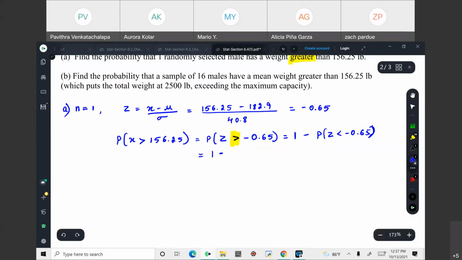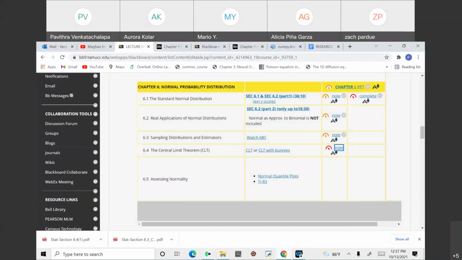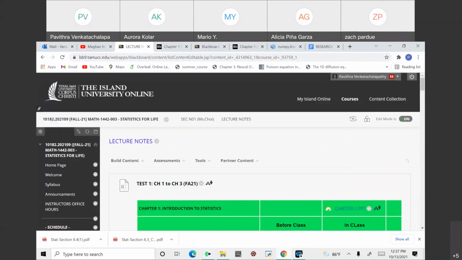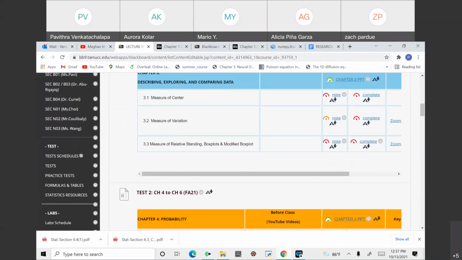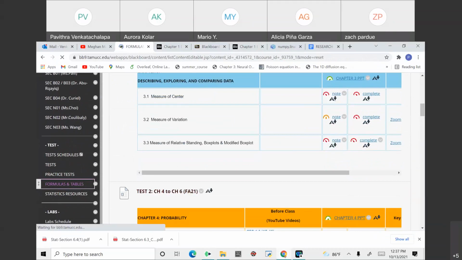So if you go back to your z table and check the value for z equal to negative 0.65, let me see if I have the z table here. Z tables.